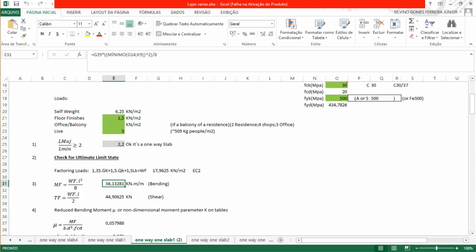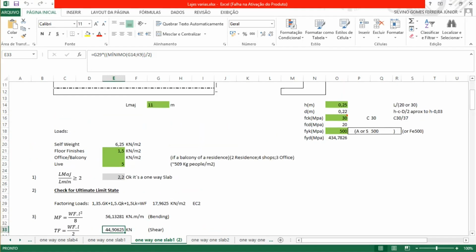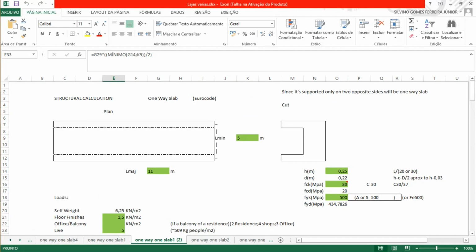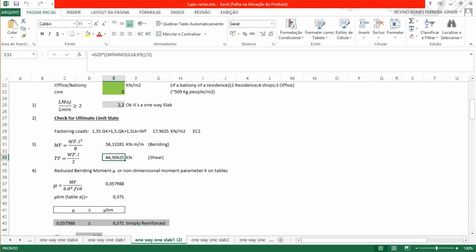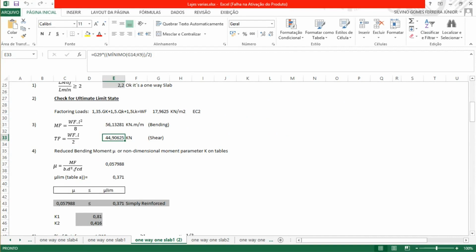And for shear, from resistance calculation, we know it will be the weight factor multiplied by the length divided by 2. In this case, 44.9 kilonewtons. And we calculate it for the shorter span because it gives us less iron to span.